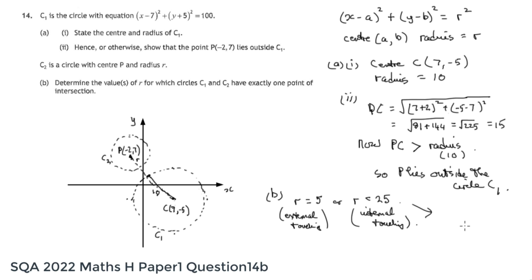So we had in this case a very large circle with C1 touching inside, and in this case we had a small circle with a larger C1 outside it.